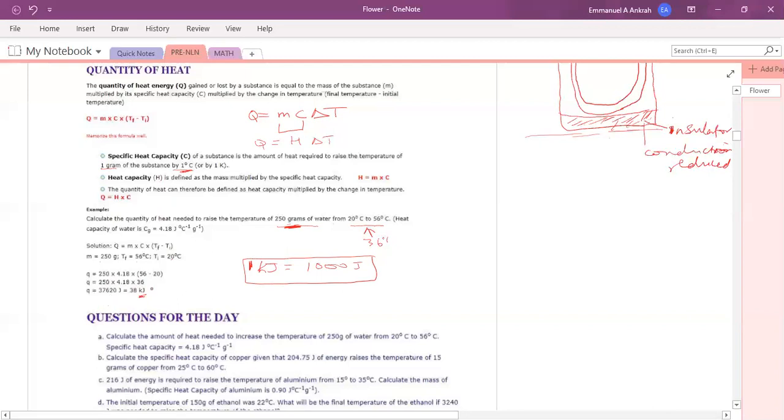That gives us 37.620, which rounds to approximately 38 kilojoules. So that's how you work out this problem. Remember the formula: mass times specific heat capacity times the change in temperature. That's the key.